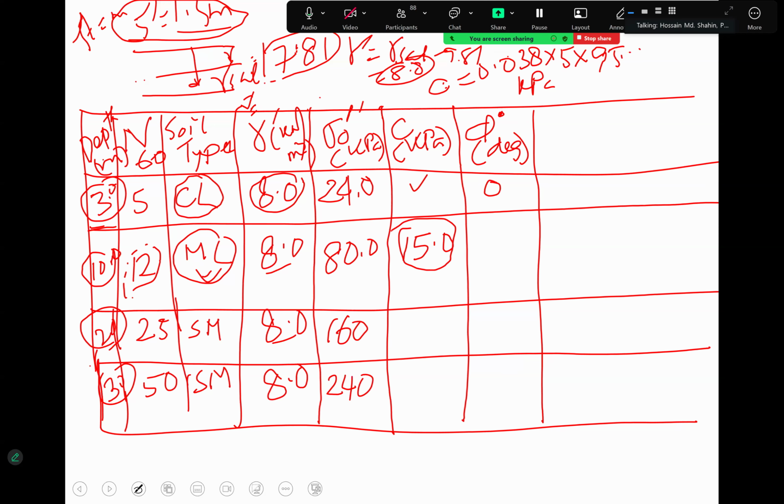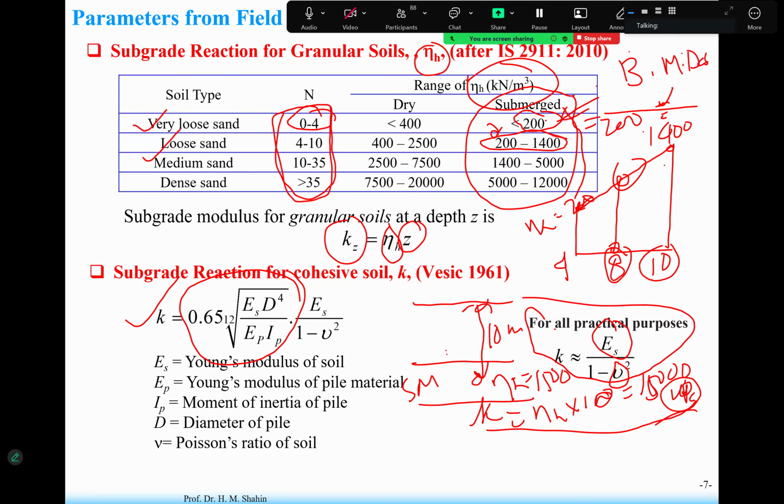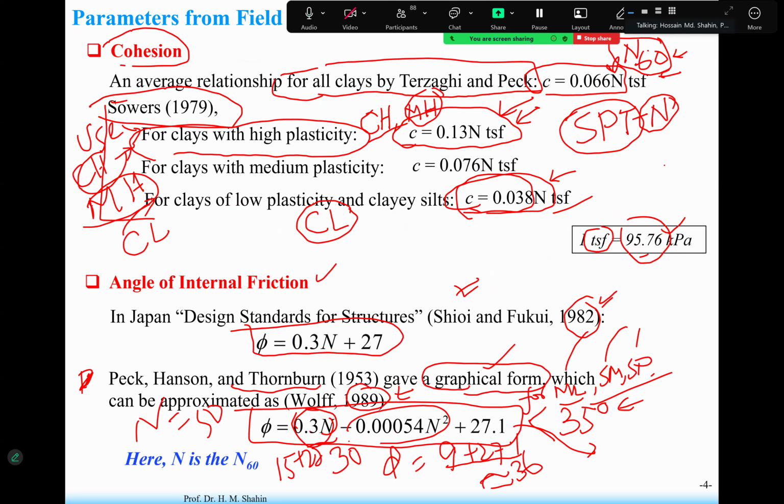Okay, and then for the SPT N value, as I said, use that equation. Which one? This one, the Peck-Hansen equation: 0.37 plus 27.1 minus 0.0004 54 N square.